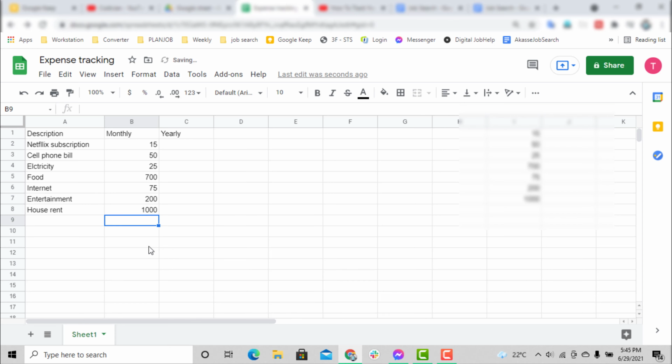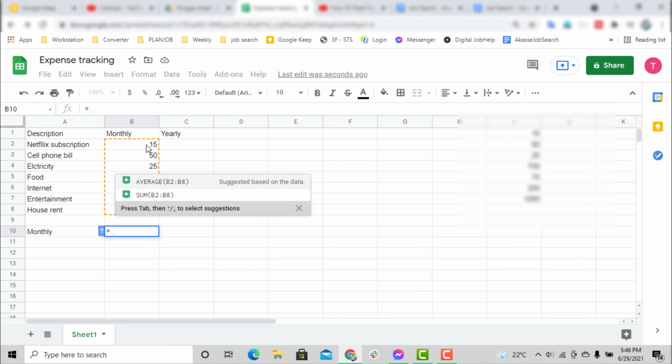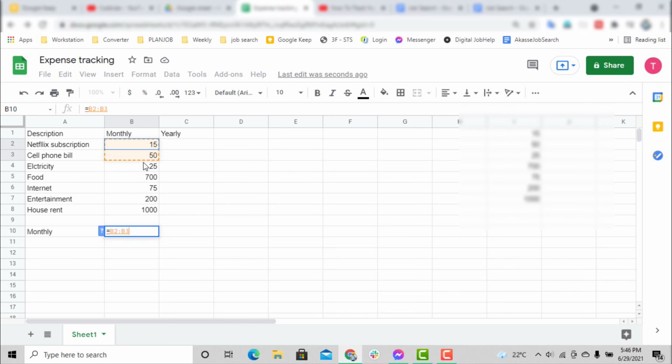So now for monthly, if we would like to get monthly expense, we have to add all of them. So how can you do that? Well, to do so you always start with an equal sign, and then you just give this range. Because you want to sum them up, you can do it in two different ways.